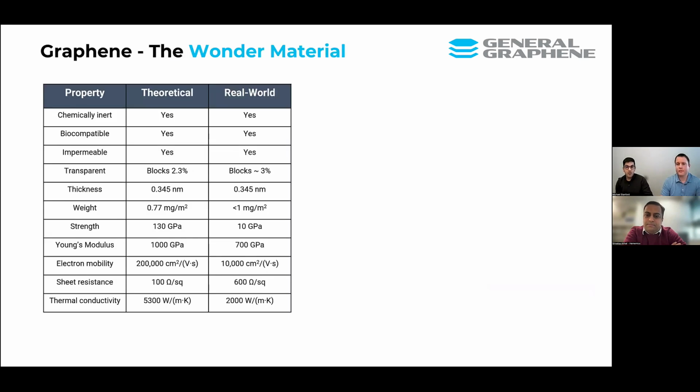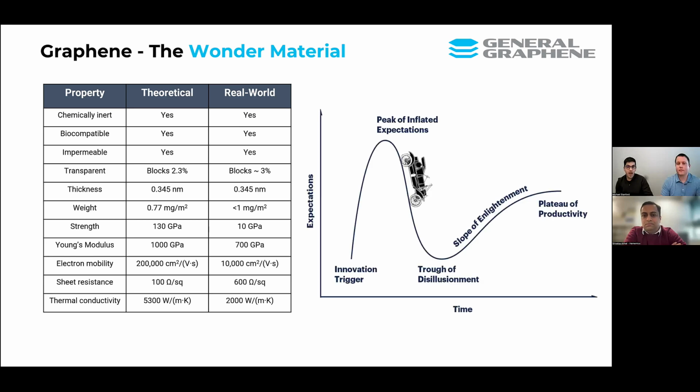So really throughout this journey that graphene's been on, many people will associate the term wonder material, and where that comes from is this gap that graphene has in the theoretical and the real world properties. And this gap is what has ultimately driven the journey of graphene, with the innovation sparking what was a peak of inflated expectations and hype in the field that ultimately drove a degree of disillusionment and skepticism among users and producers even in the market.